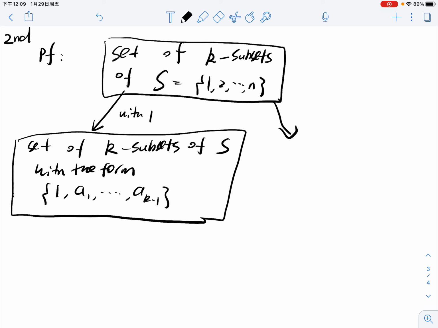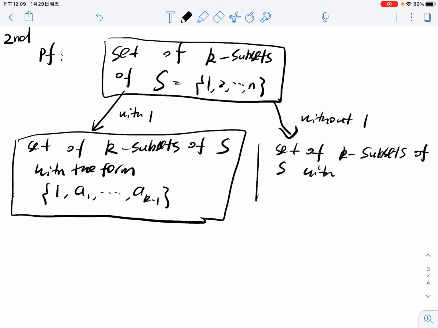And if it's without 1, then we have the set of k subsets of S with the form A1 to Ak contained in 2, 3, ..., n, because you don't have 1.